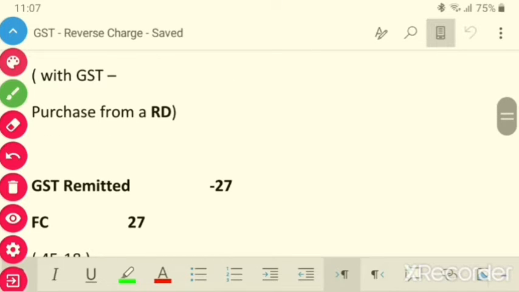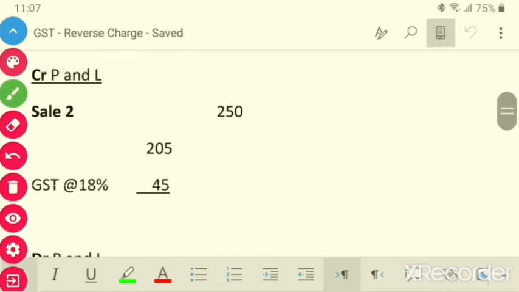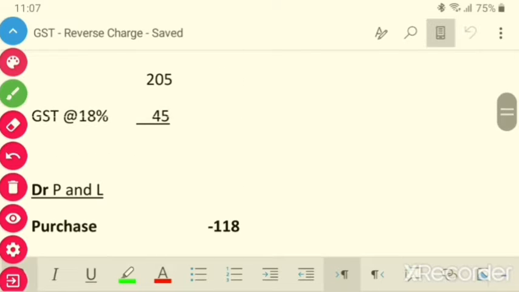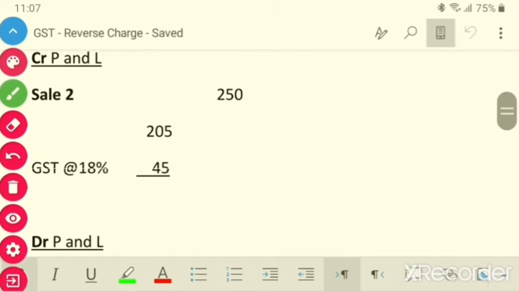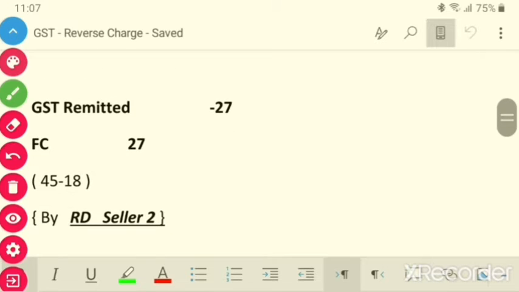Now, this is a purchase with GST from a registered dealer in stage 1. Now we are discussing stage 2. Seller 2 is selling at 250 rupees with tax, having purchased at 118 with tax. Then GST remitted is debited to the P&L account.